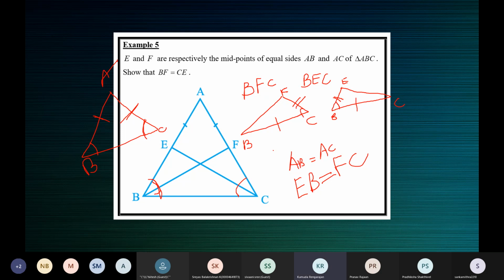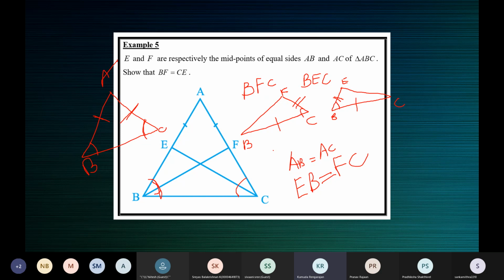We needed one more equality. In triangle ABC, AB is equal to AC. Two sides are equal. In a triangle, when two sides are equal, the angles opposite to them are also equal. So we have angle ACB is equal to angle ABC.